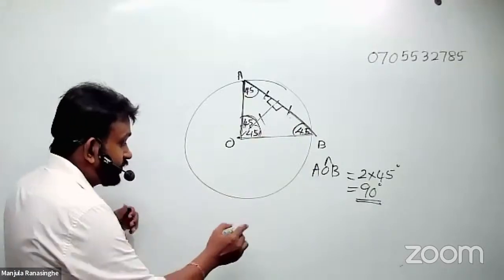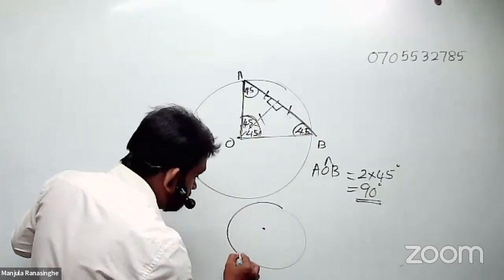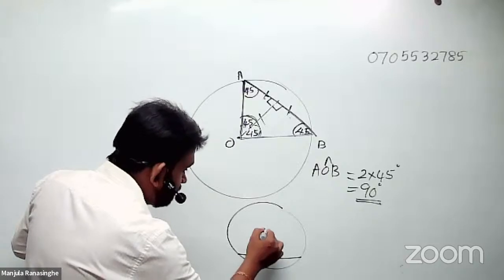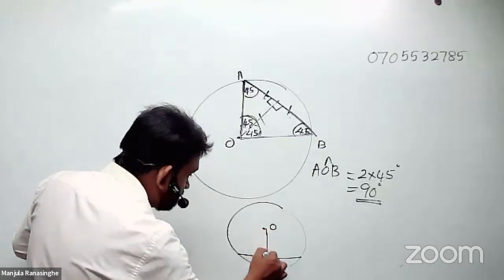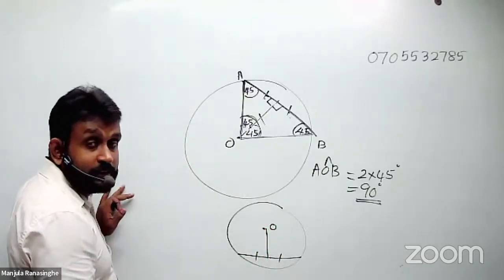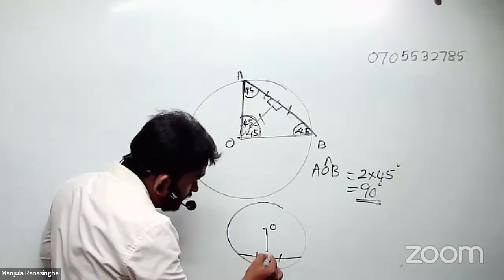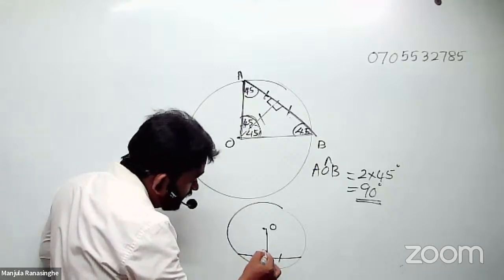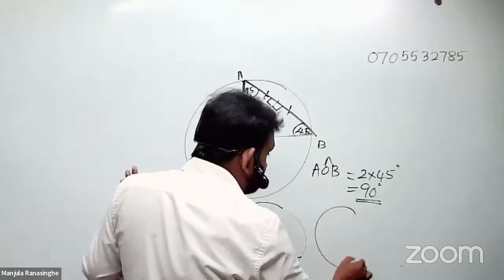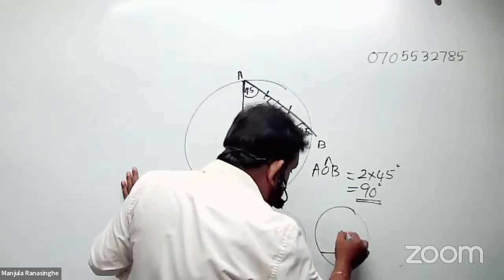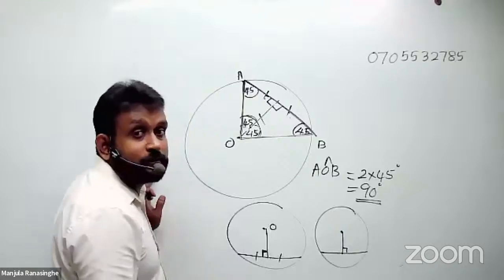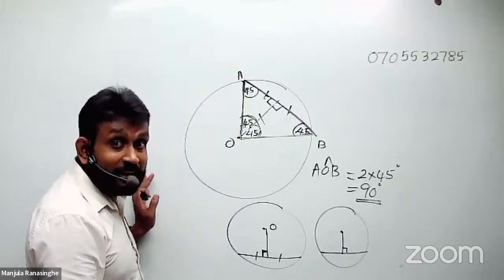Right. What is the converse of that? This is the theorem and the converse. The theorem says that if the center is connected to the midpoint of the chord, then this is perpendicular. This is the result we applied. This is 90. So the converse says that when a perpendicular is drawn to the chord, then the chord is bisected.